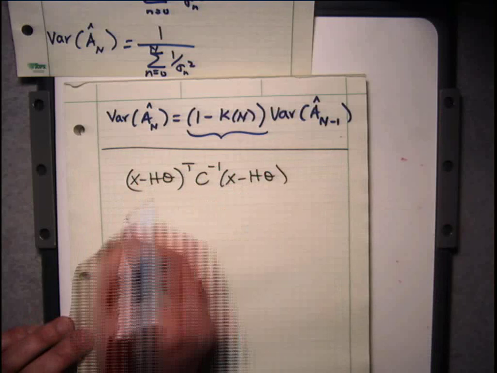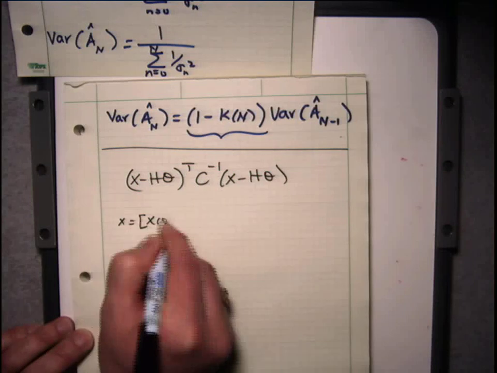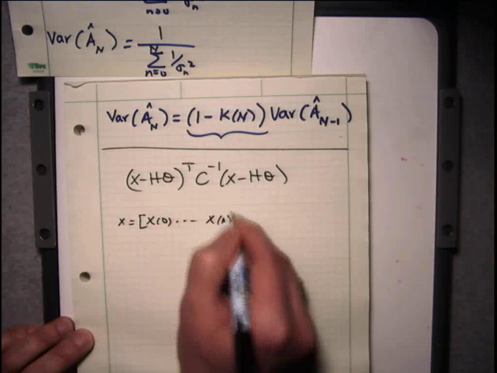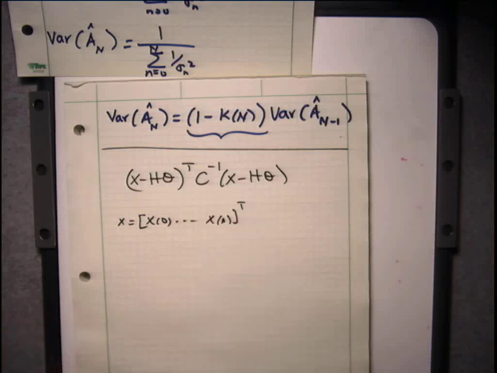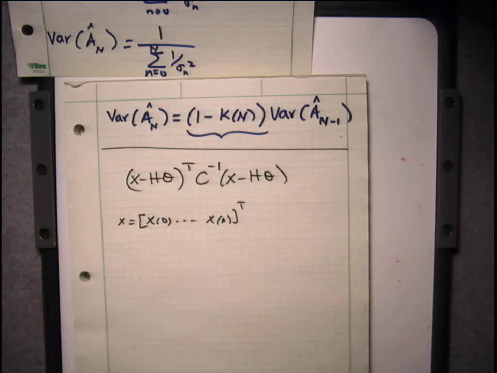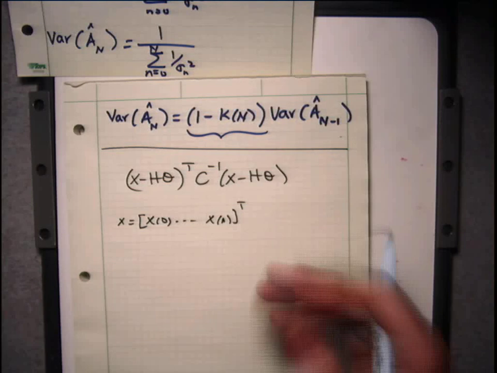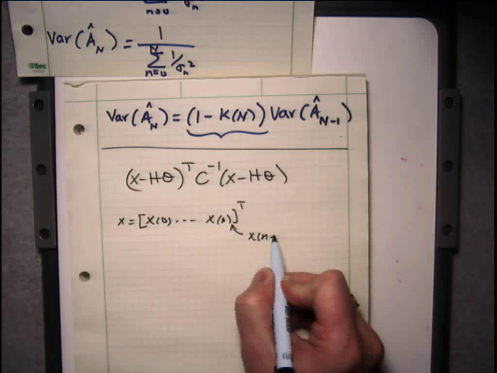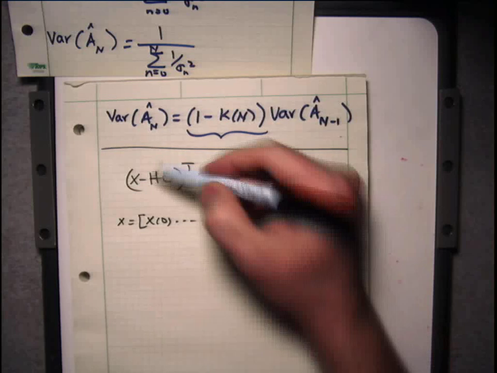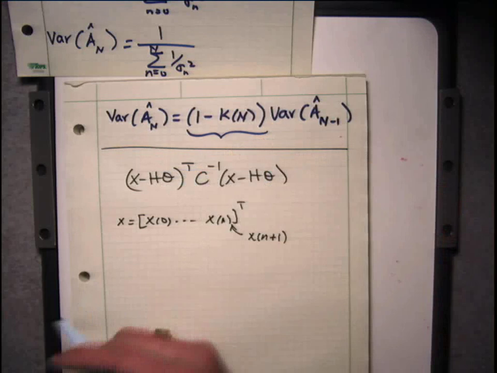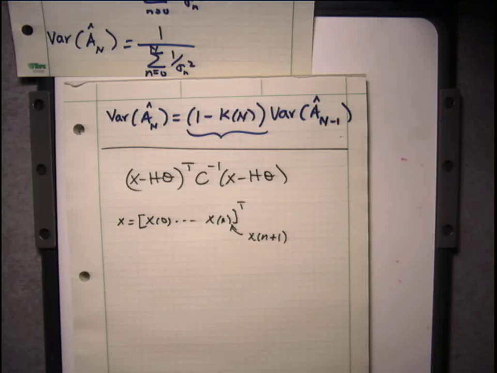Your vector x is going to be x0 through, let's say, xn, and we'll look at what happens if this x has one extra element, let's say xn plus 1. The size of this matrix H changes. Every time you add a new data point, you have to add an extra row to H.